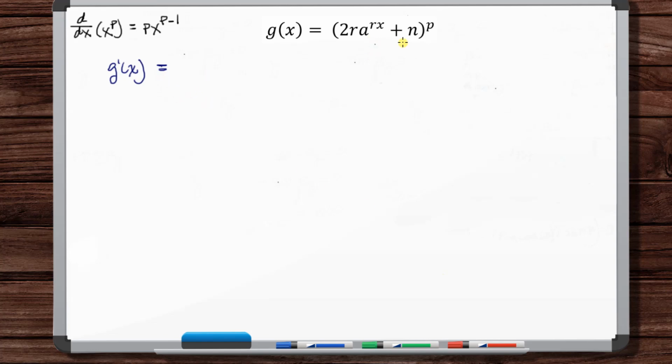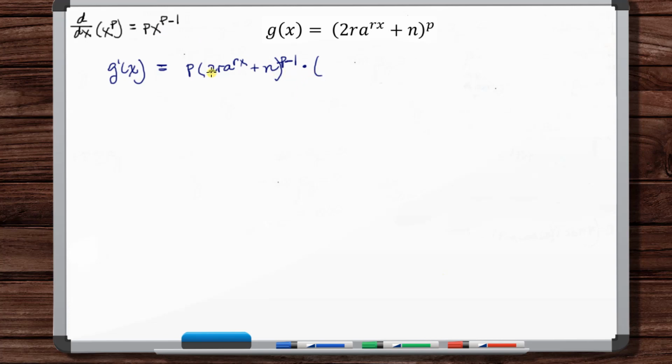So let's just do that. We've got something to the p power. What is the derivative of something to the p power? That's just p times that something to the p minus 1, right? But now we need to take the derivative of that something.